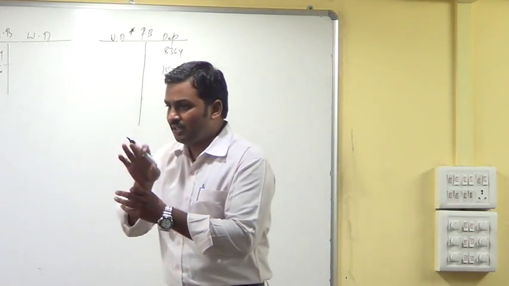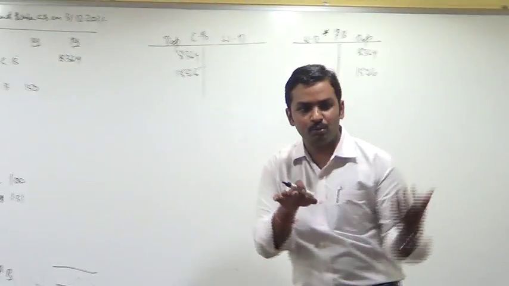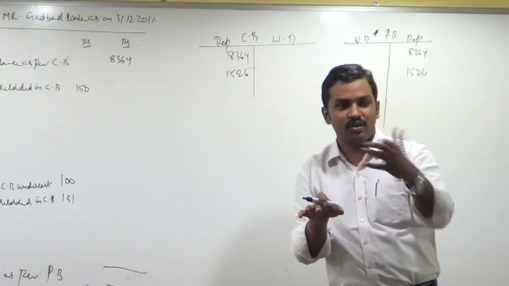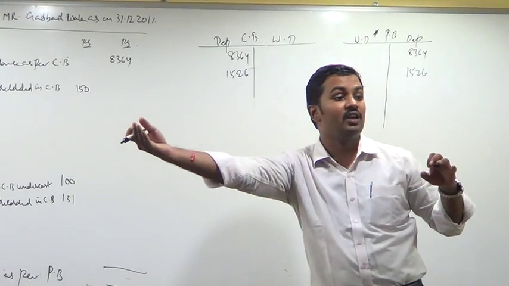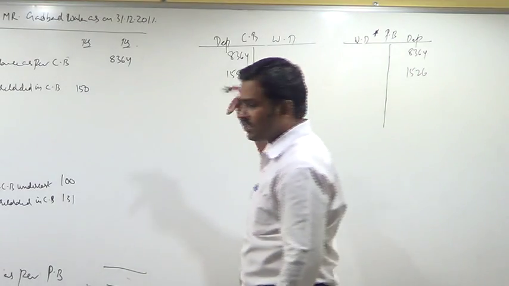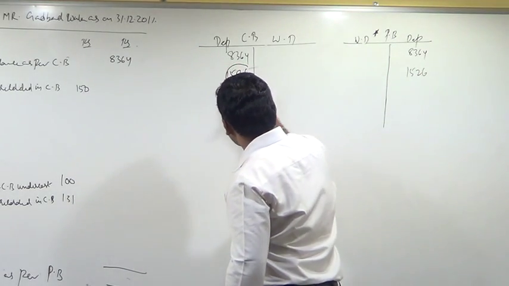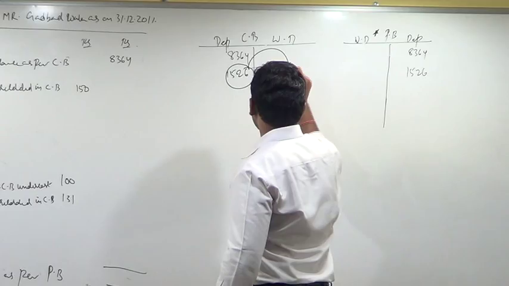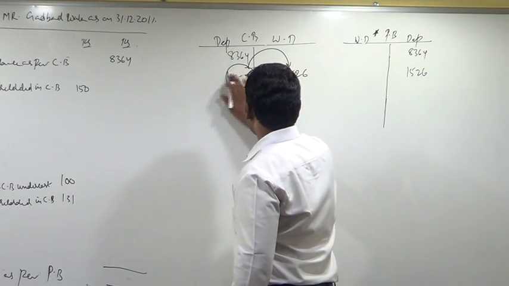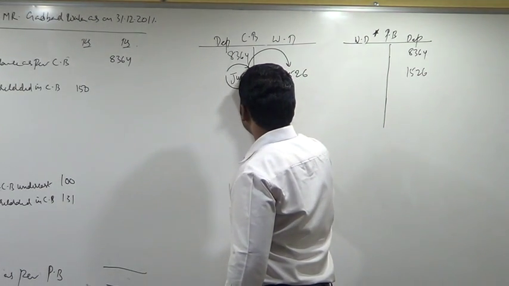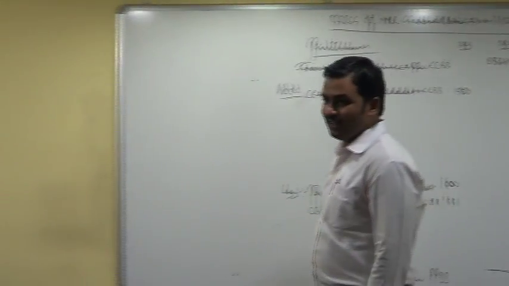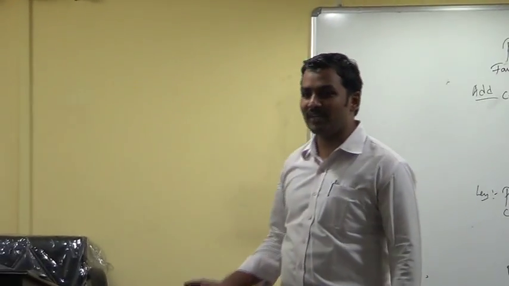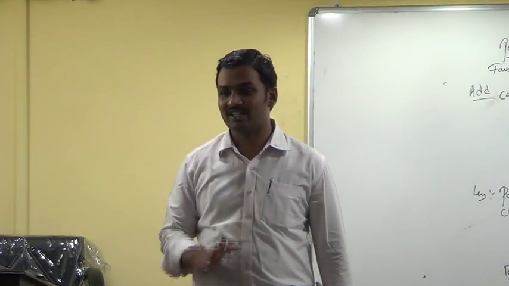Okay, but this is the correct position. But when the accountant turned the page and he had to bring forward the balance, instead of bringing the balance to the same side, he wrote it by mistake on the opposite side. Next day, by mistake, he shifted this amount to this side. So the amount by mistake jumped from the debit side to the credit side.